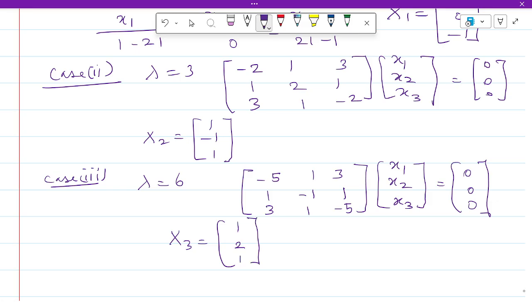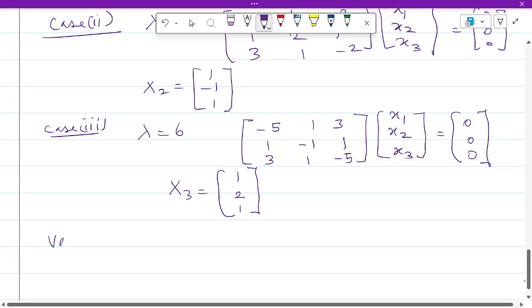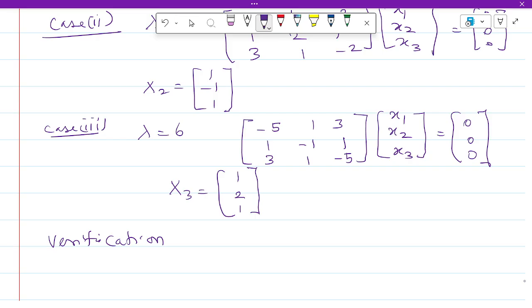A very important step, after finding the eigenvalue eigenvector, is the verification of orthogonality in pairs. It is a very important step. In case orthogonality in pairs is not there, you will not get the diagonalization of the matrix.